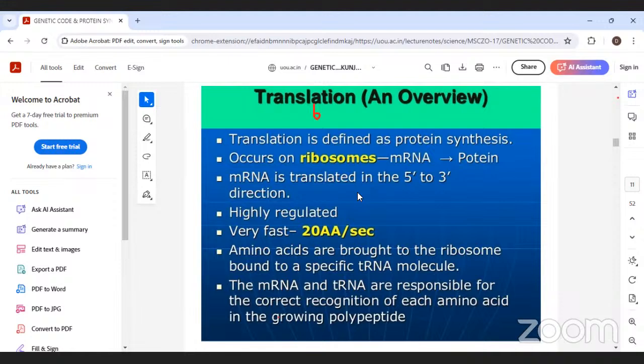That is, the same activating enzyme might be shared by several tRNAs.